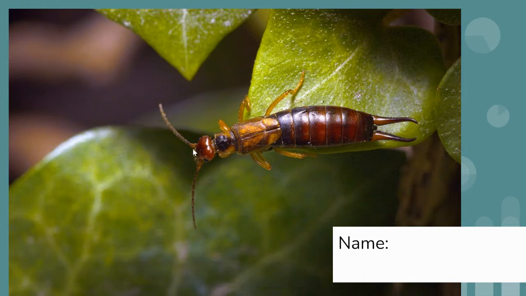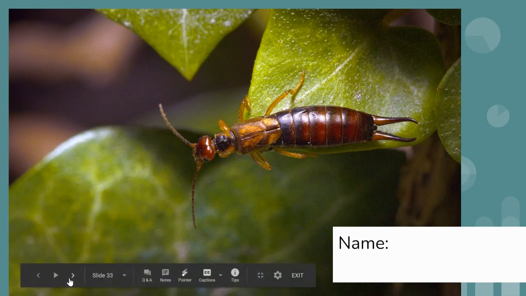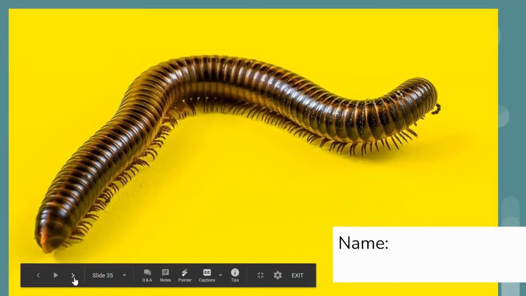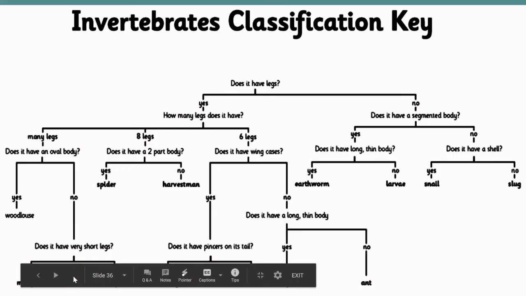So here's the antenna in the front, pincers in the back, 6 legs, 3 sections to its body. And many segments, many legs, but little short legs on this animal. So remember, does it have very short legs? Yes, that one had very short legs.